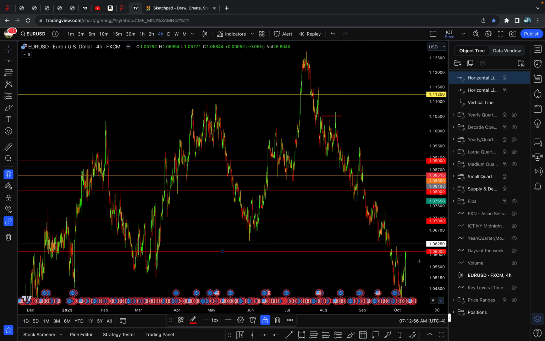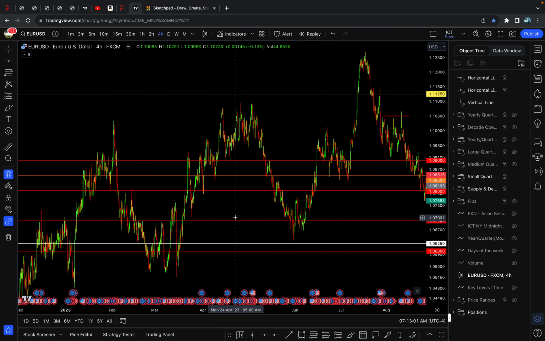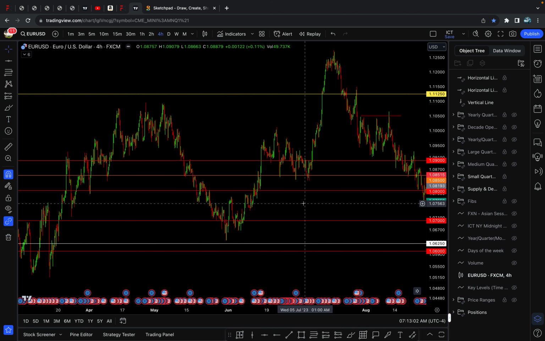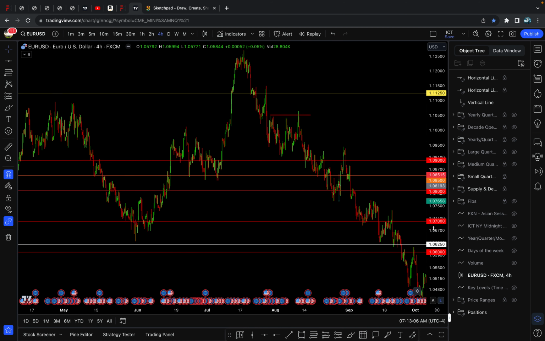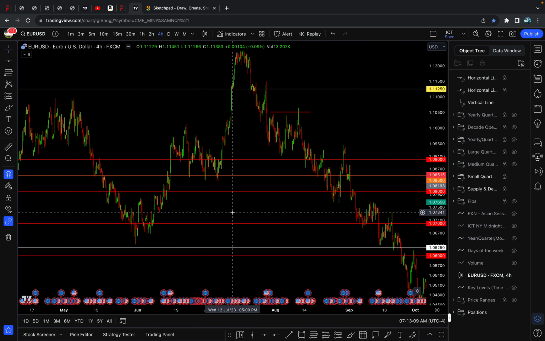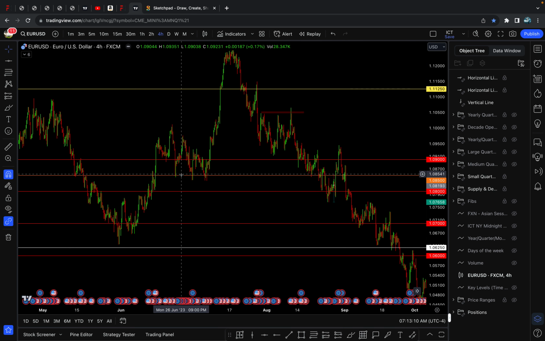The only reason why I'm showing you this is because sometimes you might want to pay attention to these little tiny levels, small levels, because you have some little reactions sometimes around here.